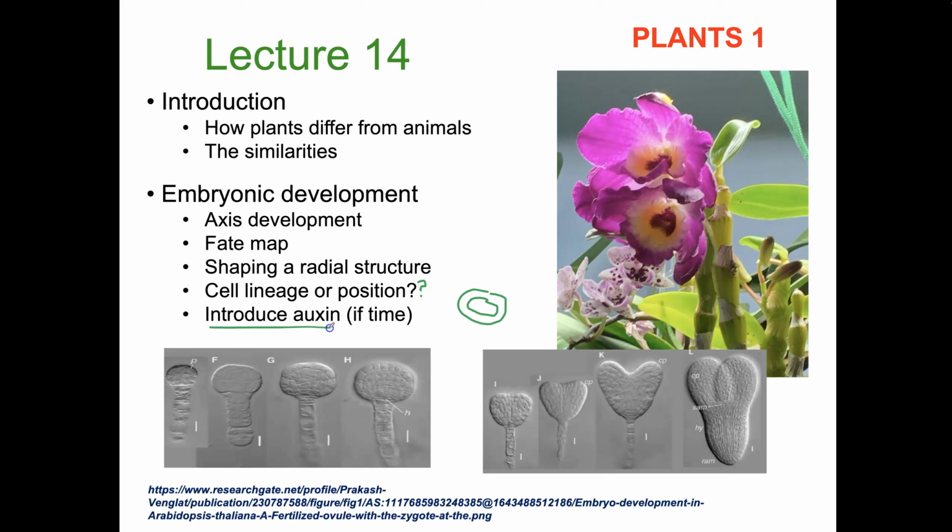And then I'll just really briefly introduce auxin, which is, there are a number of plant hormones that you've probably heard about if you've taken the appropriate courses, but auxin is the main one that we'll discuss for this class. And it has many different roles in development at different times. And we'll talk about directional transport and that sort of thing next time.